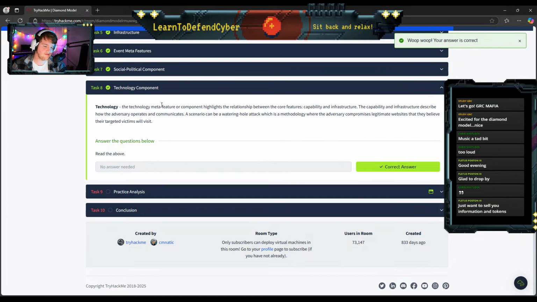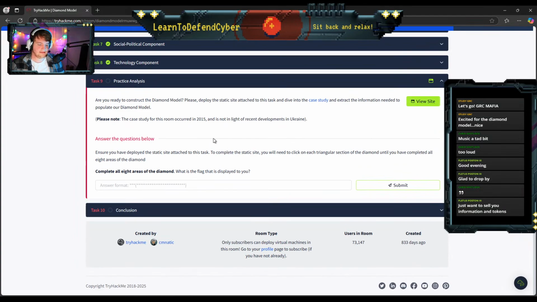This is just another one of their TTPs, right? It says, hey, they do watering hole attacks, hey, they do DNS poisoning, etc. As they say here, it's a breakdown between capability and infrastructure.